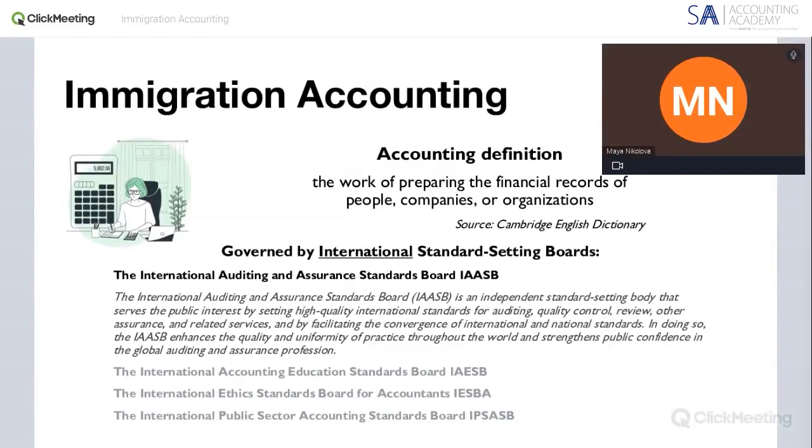In doing so, the body enhances the quality and uniformity of practice throughout the world and strengthens public confidence in the global auditing and assurance profession. So we have a set of international standards, amongst which is the ISRS, we've got the IAS, the International Accounting Standards, and other standards relating to different types of engagements.